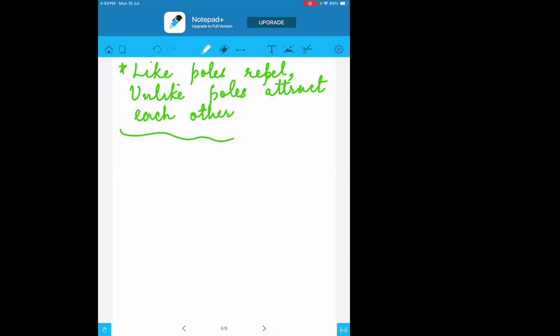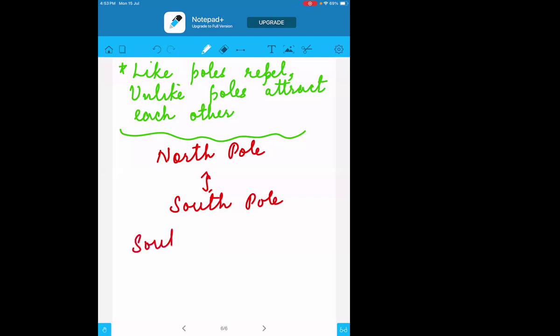So like poles will be repelling, and unlike poles will be attracting. We know very well the North Pole will be attracting the South Pole, whereas the South Pole will be attracting the North Pole.